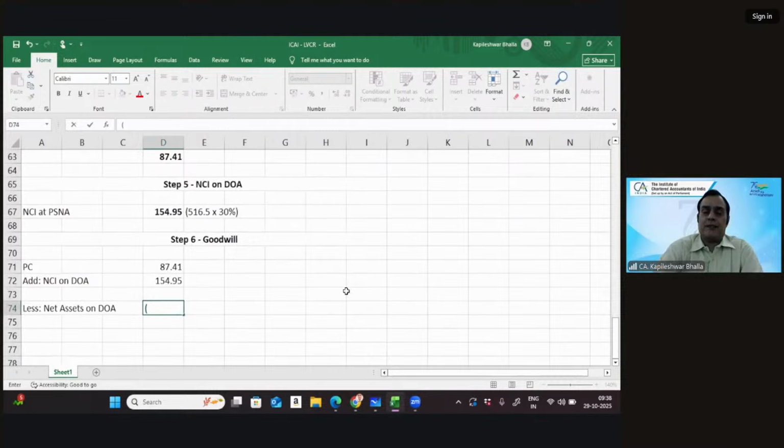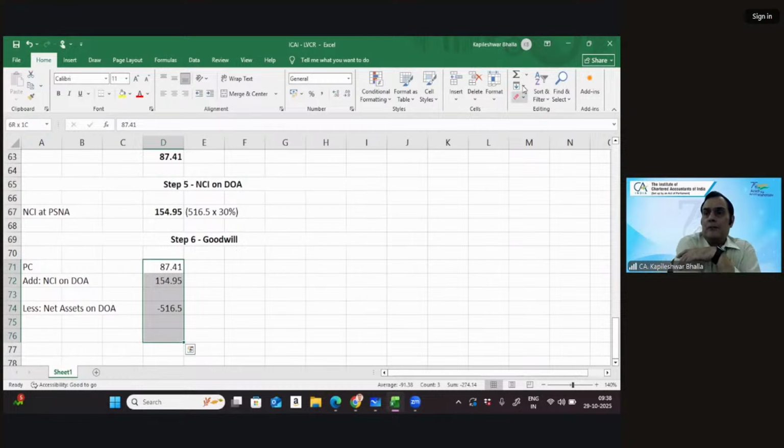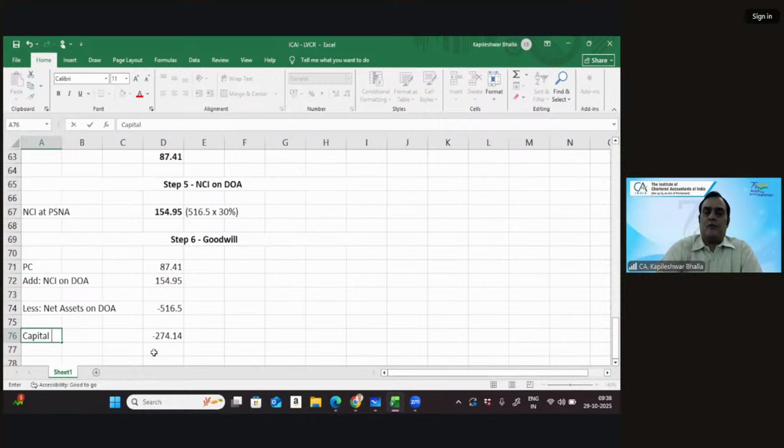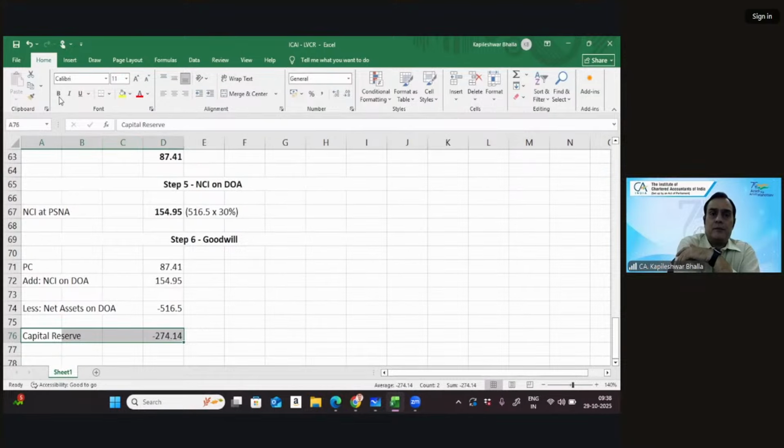I'm putting it into the brackets. So now we can comfortably get the amount of goodwill as well. So PC plus NCI less the net assets. This is coming minus. Minus means it is a capital reserve. So this is supposed to be a capital reserve, that is 274 point decimals.